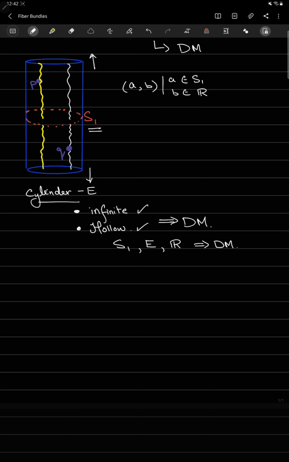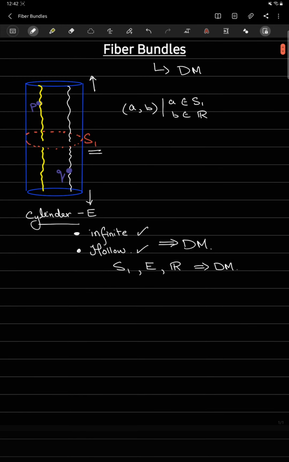Now let's look at the cylinder. How do you create the cylinder? If you only look at S1 and R, how can I have a cylinder from this S1 and R? This S1 is essentially known as the base of the cylinder, and this R, the reals, this is what we call the fibers.